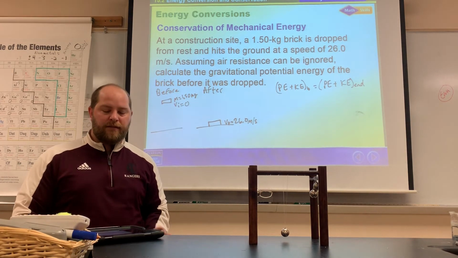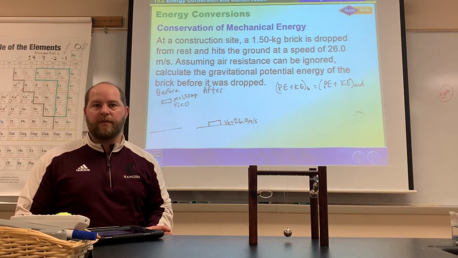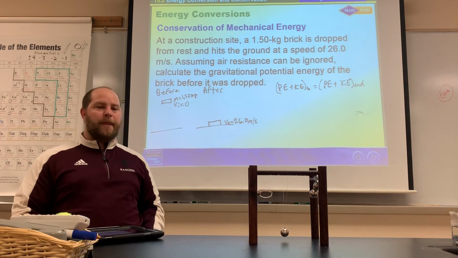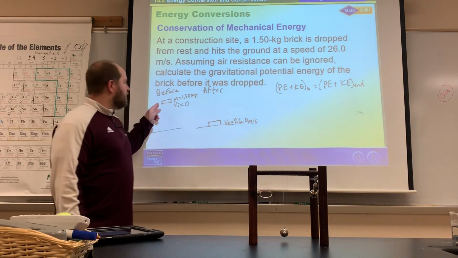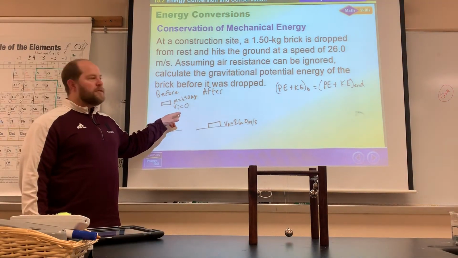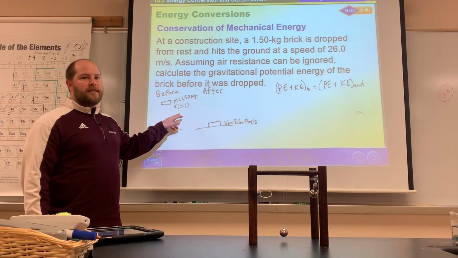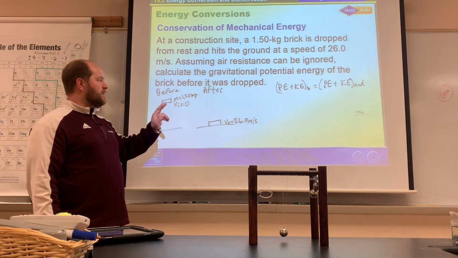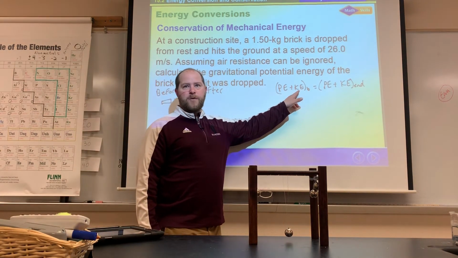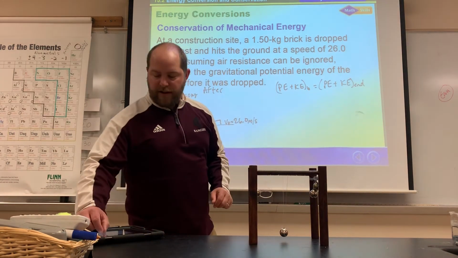So if we can cancel out a couple terms, it makes our life a lot easier. So let's think about this. At the beginning here, the velocity is 0. So if it's not moving, then technically we don't have any moving energy at the beginning. So there's our first 0.